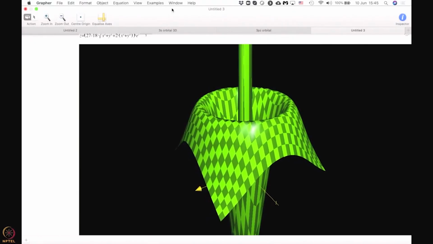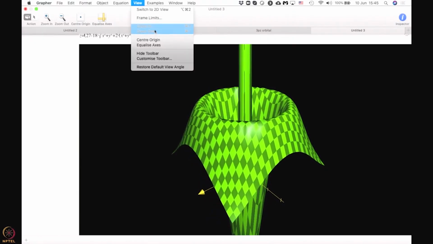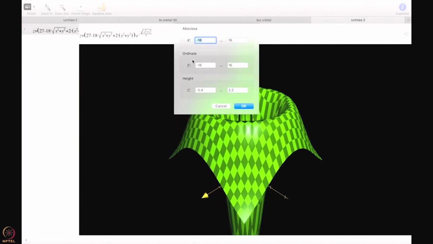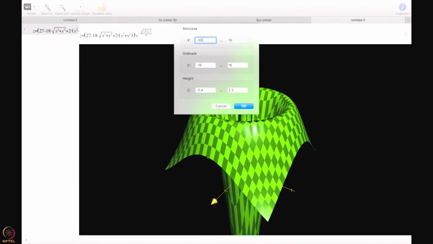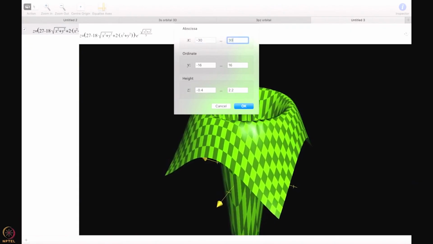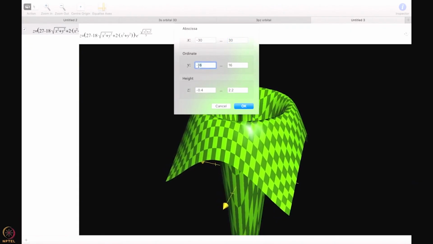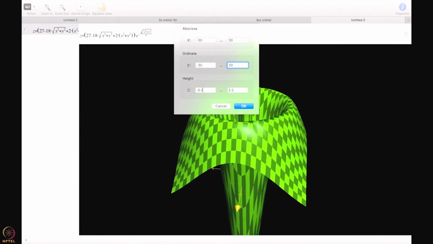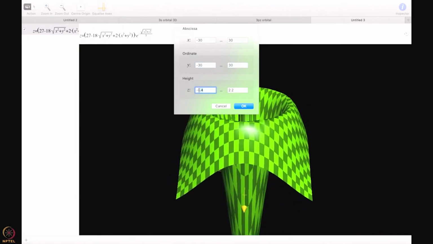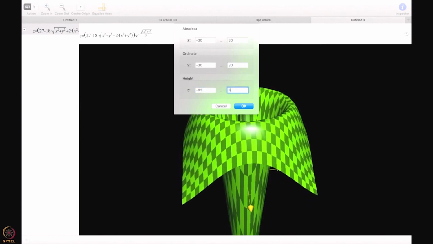This is your 3x for you, and draw the frame limits. We will draw it from -30 to 30, same here. This would be something like -3 to 30 or so.